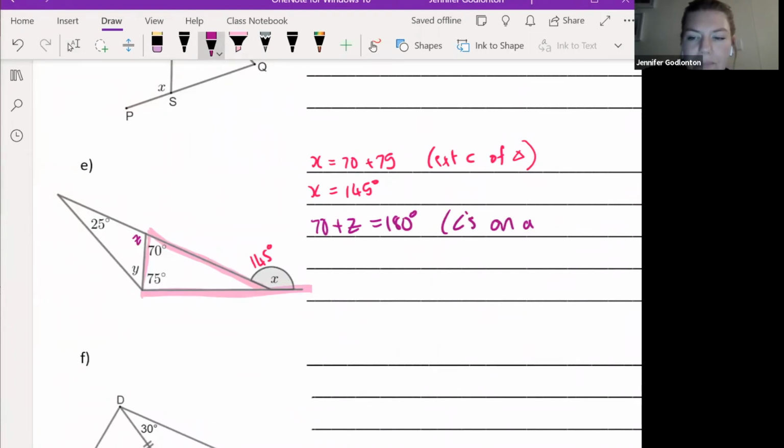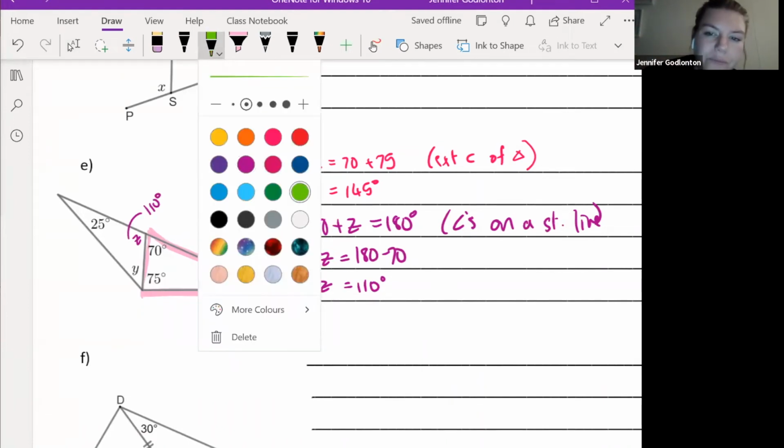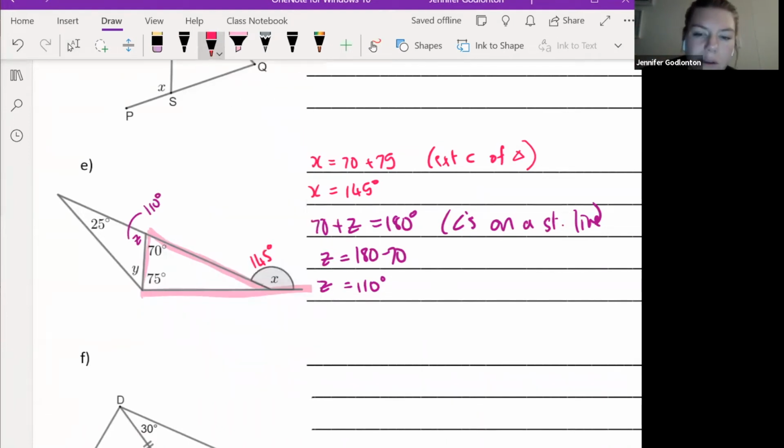Then z is equal to 110 degrees. Yeah, I like that. And then 110 degrees plus 25 plus y is equal to 180 degrees. Reason is sum of angles in a triangle. I like it. Well done.